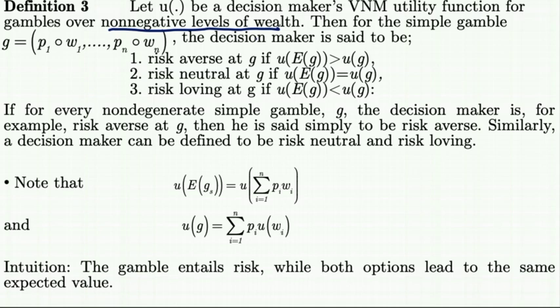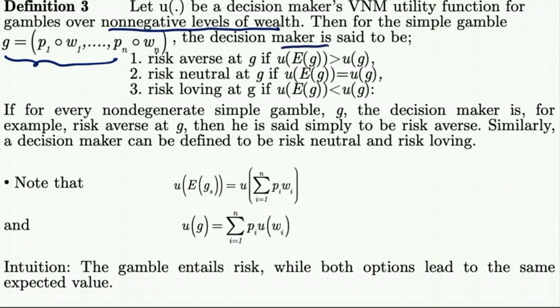Then for the simple gamble, you already know the simple gamble notation looks like this. The decision maker or the individual consumer is said to be what? We have three different types of behavior of consumer here. Number one, risk averse. Number two, risk neutral. Number three, risk loving.